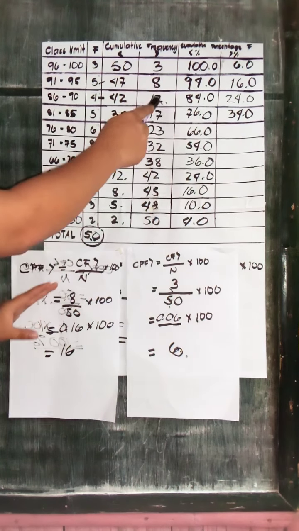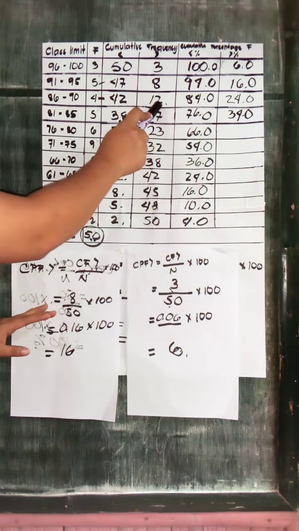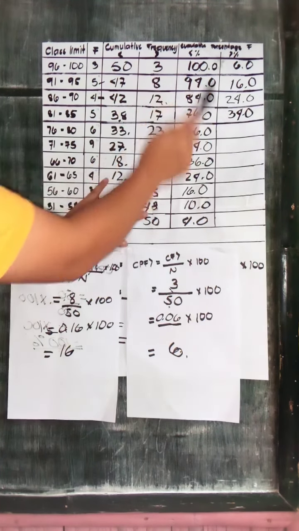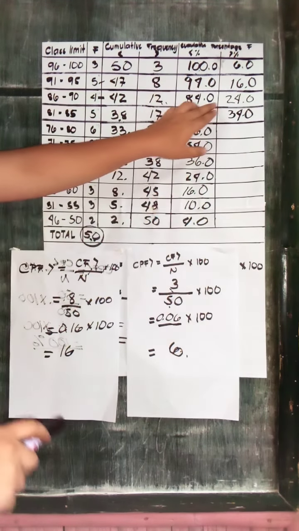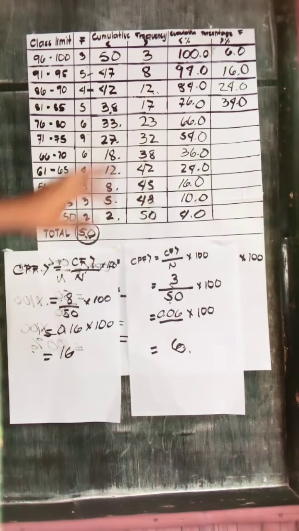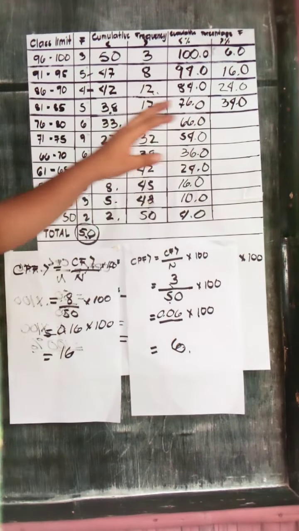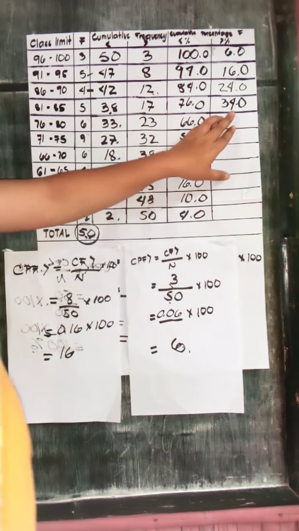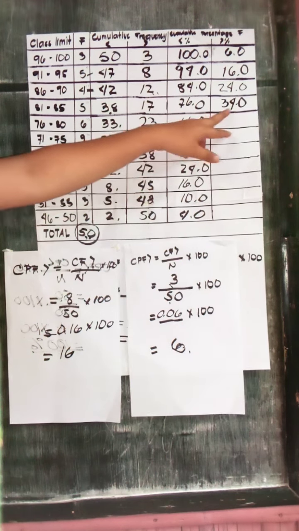but not the same answer, because 12 divided by 50 is equal to 0.24. 0.24 times 100 is equal to 24. And 0.34, and 0.34 times 100 is equal to 34.